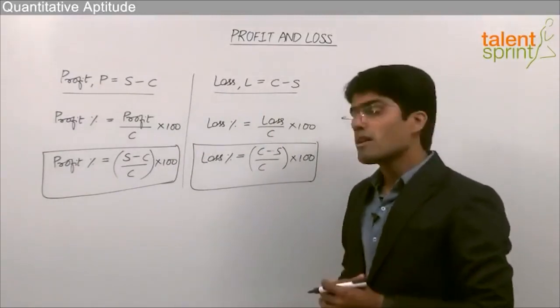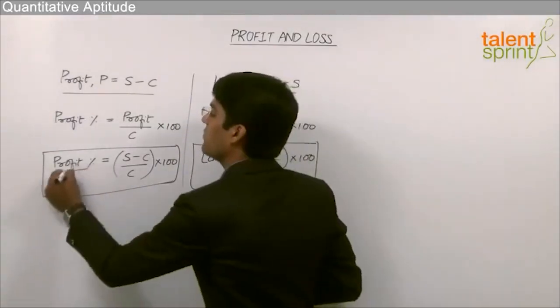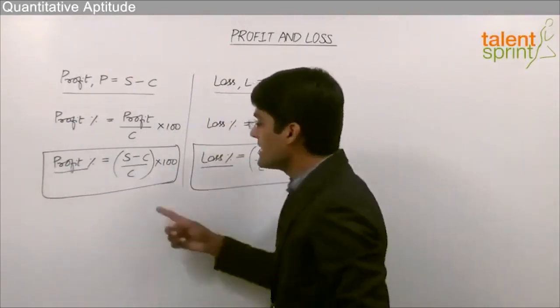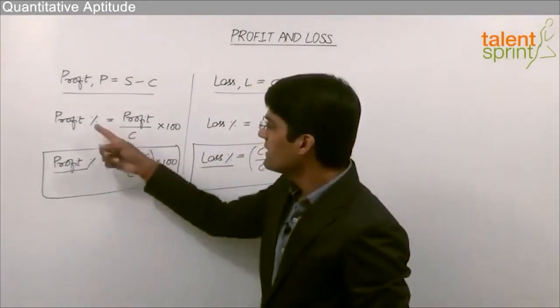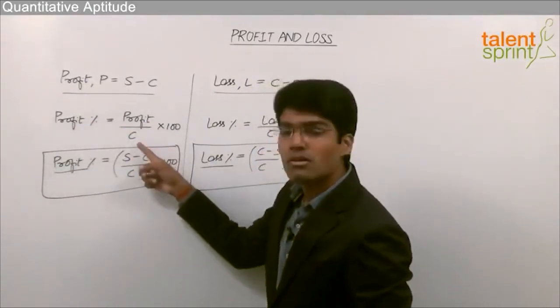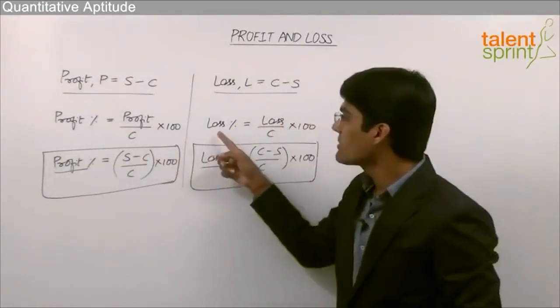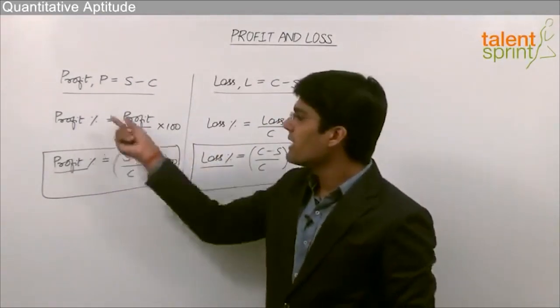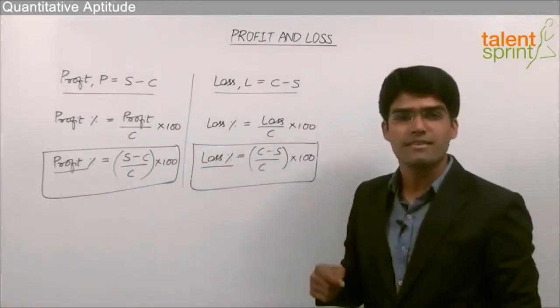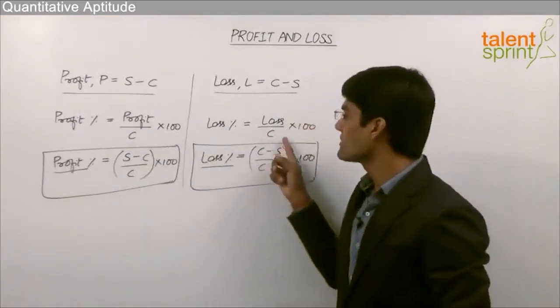Now the important point to be observed here is we are calculating both profit percentage and loss percentage on the base of cost price, with respect to cost price. If you look at this, profit percentage is profit upon cost price into 100 and loss percentage is loss upon cost price into 100. So very clearly, the profit and loss when calculated in terms of percentage is with respect to cost price.